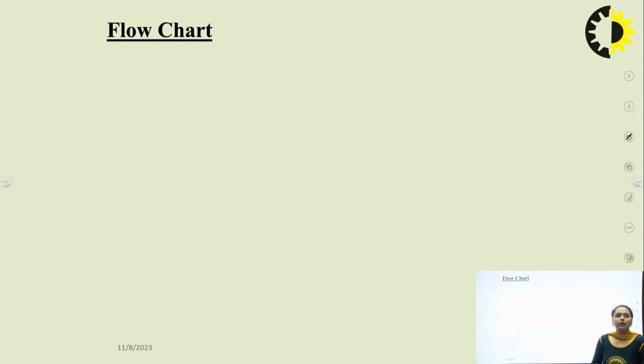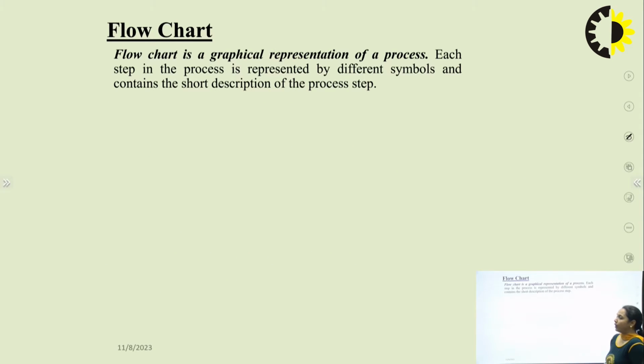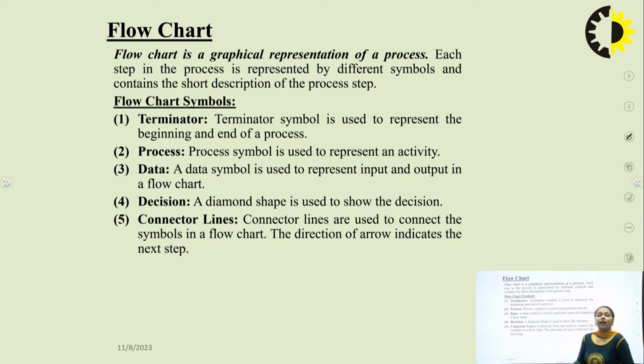Next comes the flowchart. Whatever we have written within the algorithm must be represented in a pictorial form with the help of a flowchart. A flowchart uses multiple symbols to represent that data in a picture form. The various symbols which we are going to use are the terminator symbol.